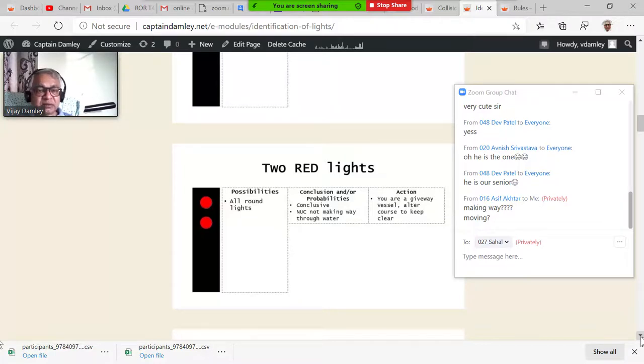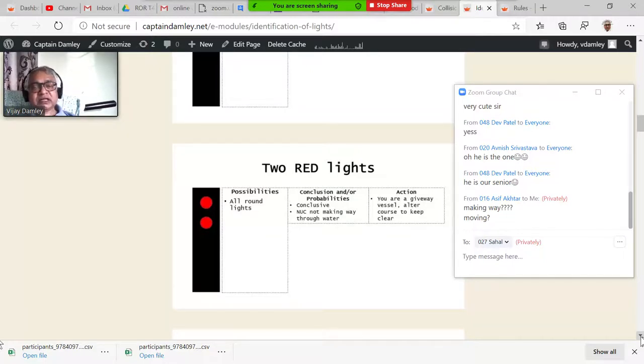So my two red all-round lights will be in combination with side lights and stern light. That means I have lost power, but I am still moving. Momentum is there. When my momentum finishes and the ship stops, then I switch off side lights and stern lights. Remember, side lights and stern lights indicate movement. So I switch them off, and only two red lights will be seen. That is a stationary vessel, and it is not under command.